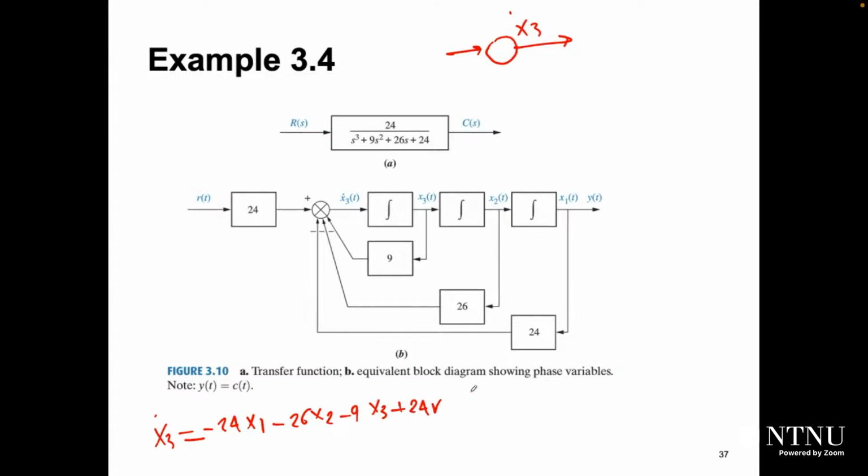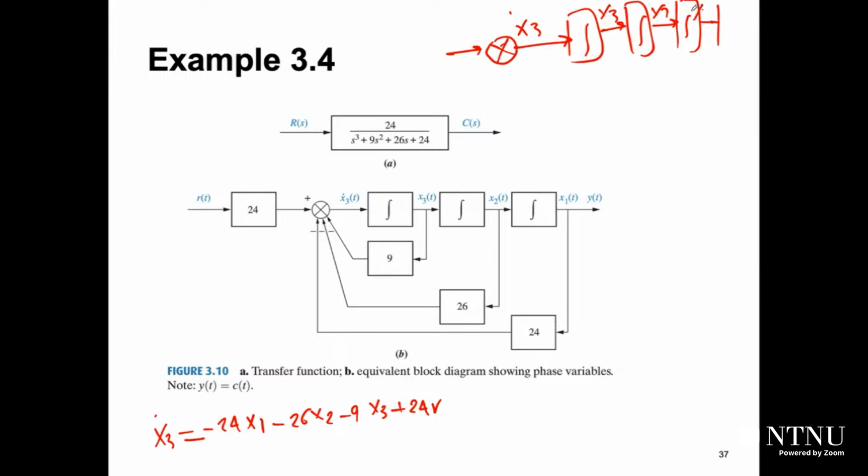To draw this graph, start with a summing point, write x3 dot, integrate x3 dot to get x3, integrate x3 to get x2, and integrate x2 again to get x1.